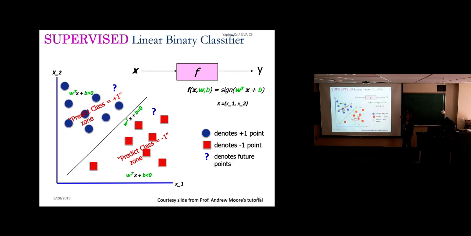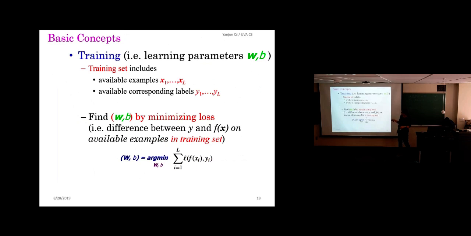Parameters of the program, input, output, and how you learn it is by finding the W and the B, minimizing something we call loss. Loss is just the differences between Y and f(x) on the available examples in the training data. On each example, my program will generate a Y, right?